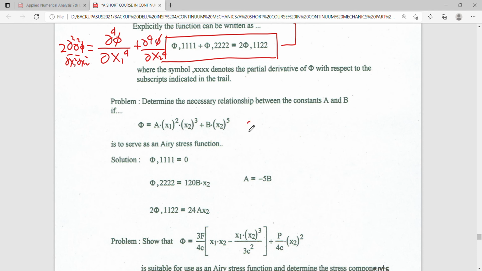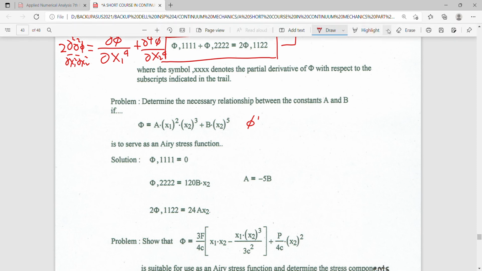The first differentiation, let's have it phi comma 1. Since we differentiated with respect to x1, the first term becomes 0.